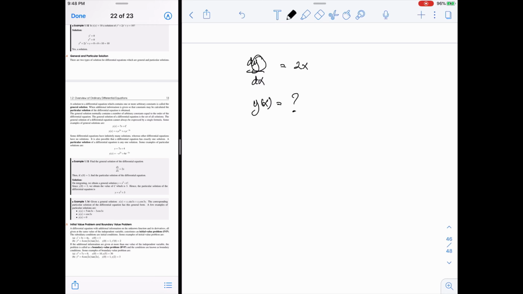Why? Because when you move the dx to the right hand side, you will have this expression, and then you take the integration on both sides.